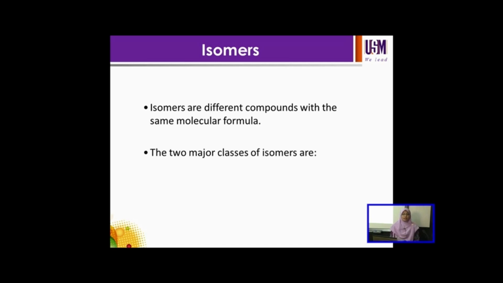The two major classes of isomers are constitutional isomers and stereoisomers. We will focus first on the constitutional isomers, because you have looked at most of them in the past, but stereoisomers are, I think, a new topic for you. So in the later videos, we will focus more on the stereoisomers.